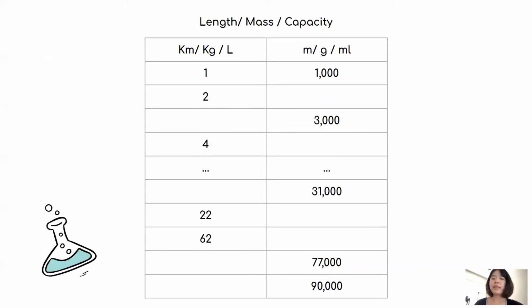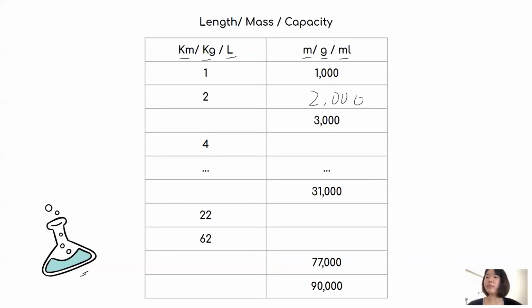Here is another chart with units kilometer, kilogram, liter, meter, gram, and milliliter. We already know 1 kilometer is 1,000 meters, 1 kilogram is 1,000 grams, and 1 liter is 1,000 milliliters. So how many meters, grams, or milliliters is 2 kilometers, kilograms, or liters? That is 2,000.